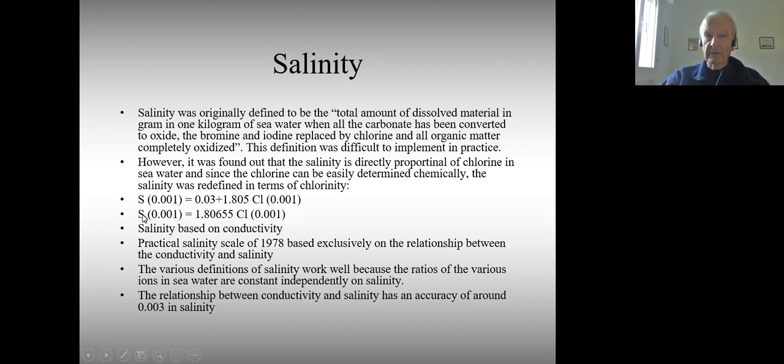Or in an even simpler way, it is this one here. So that's the first definition of salinity, and the first practical way of obtaining the salinity when there were no other methods available. So we were determining the salinity using chemical analysis.